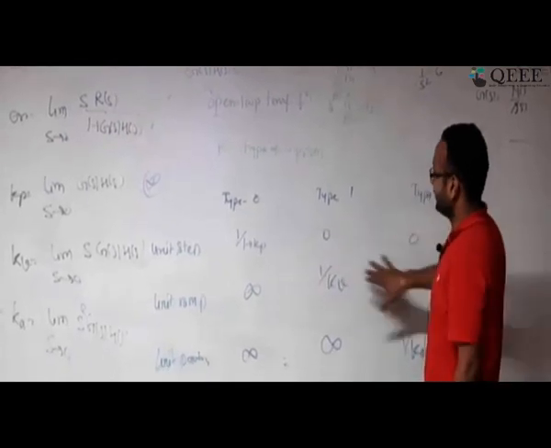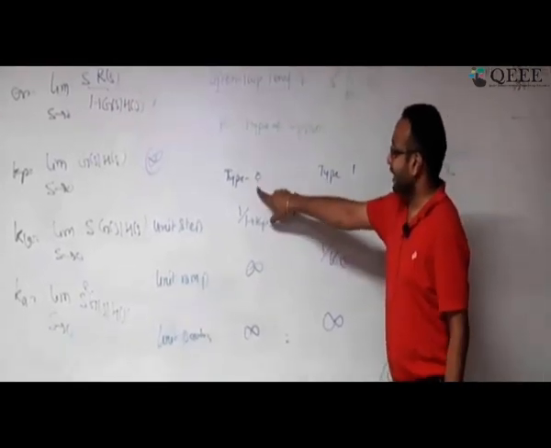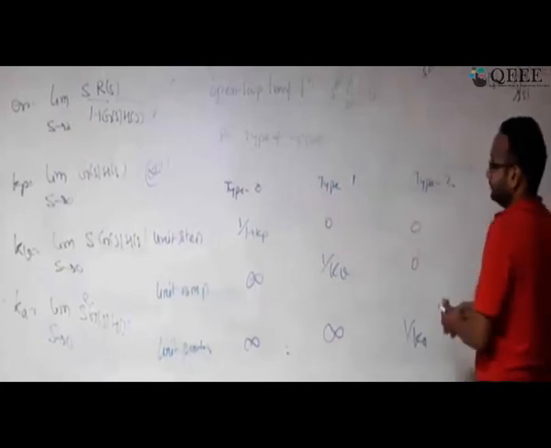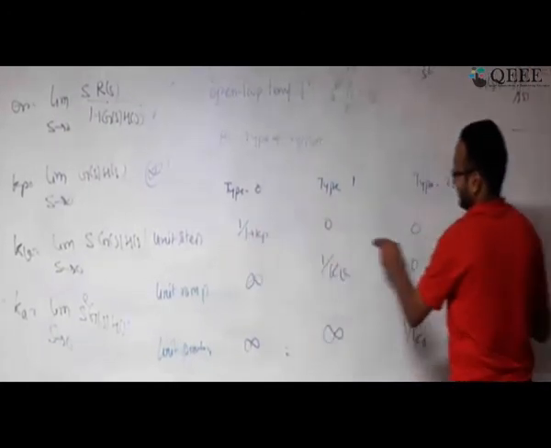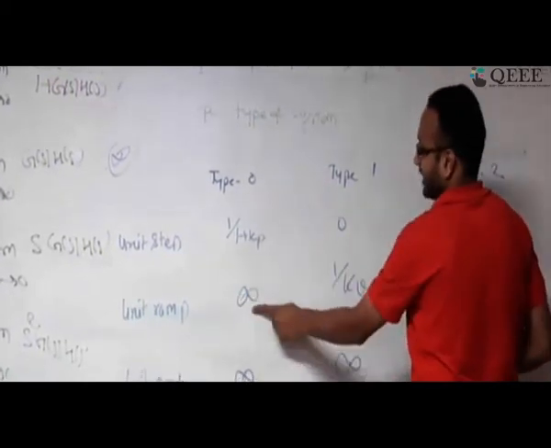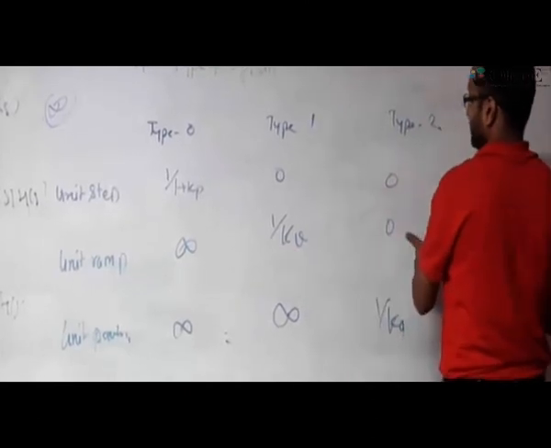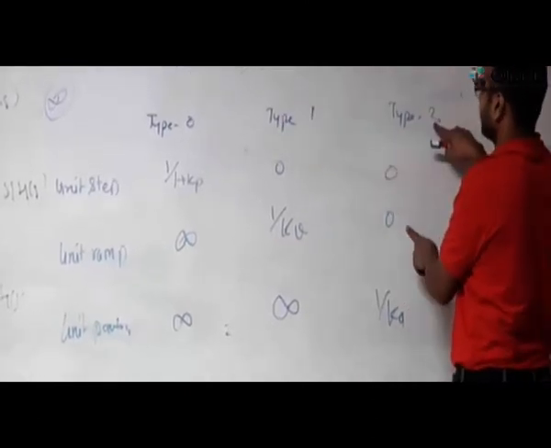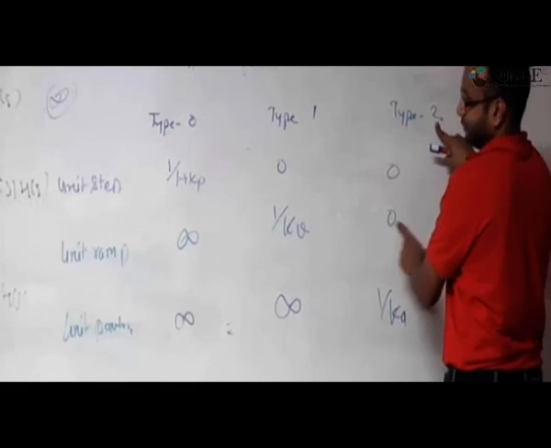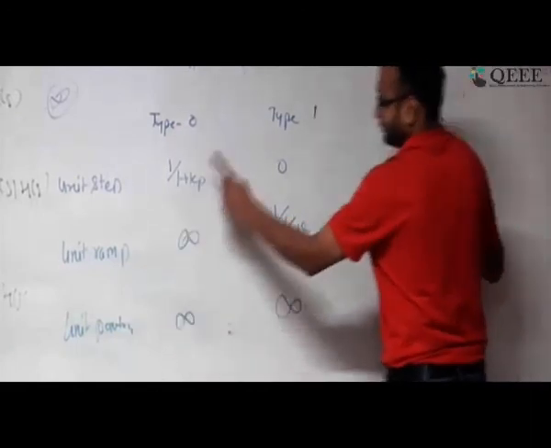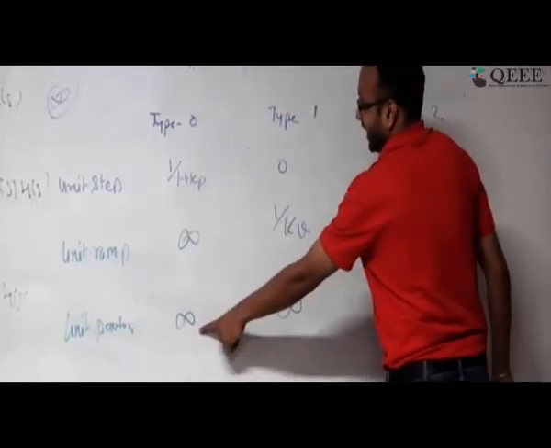So, from there we can conclude that if I am increasing the type of the system for unit step, the error is coming down. Okay, can you see? For the unit ramp input, look at the error is infinite, not at all desirable. But this error is 1 by Kv, error is 0. So, if you are increasing the type of the system, error is coming down. For unit parabola, type 0 system, infinite error.